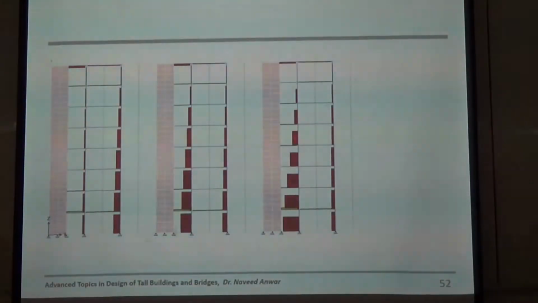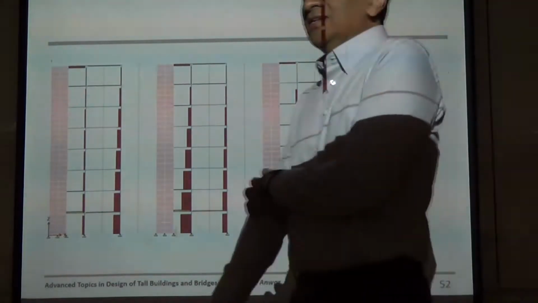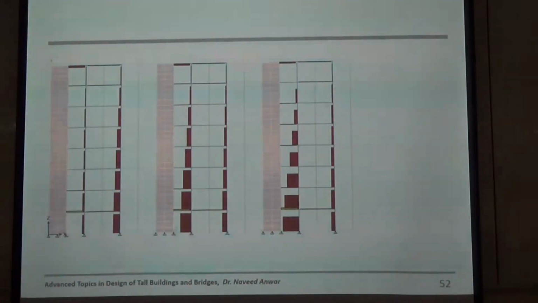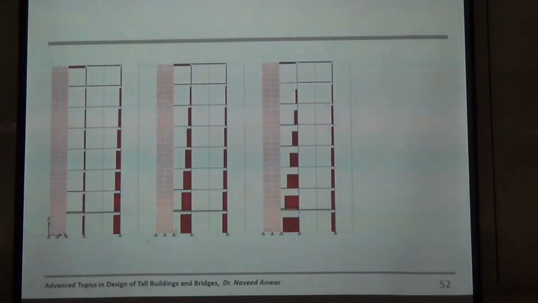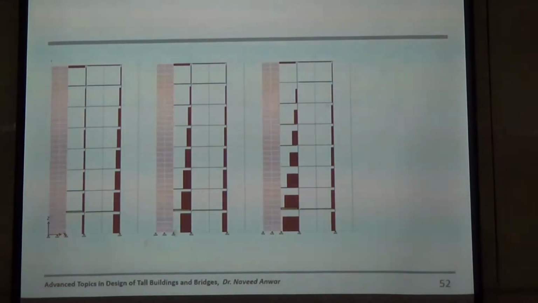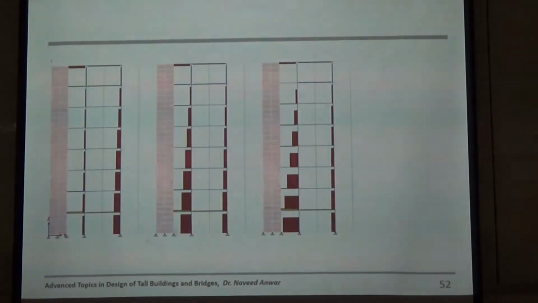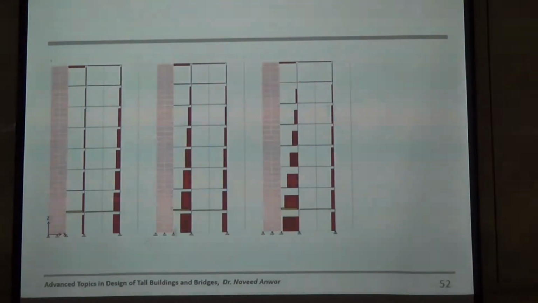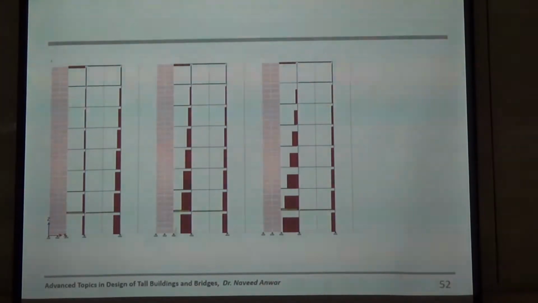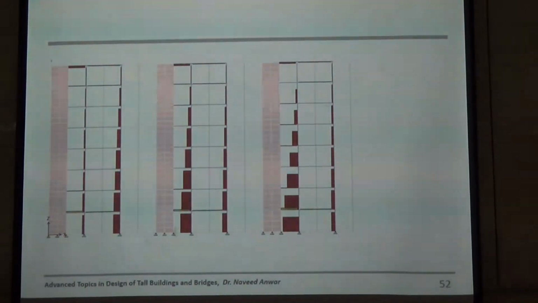The point is that depending on the bending capability of the link beam, you can control the deformation of the shear wall. So the shear wall's lateral deflection can be controlled by the column through the link beam. If the link beam is weak, the shear wall will bend, the link beam will also bend, and the column will not support. But if the link beam is strong, then more force will go to the column.